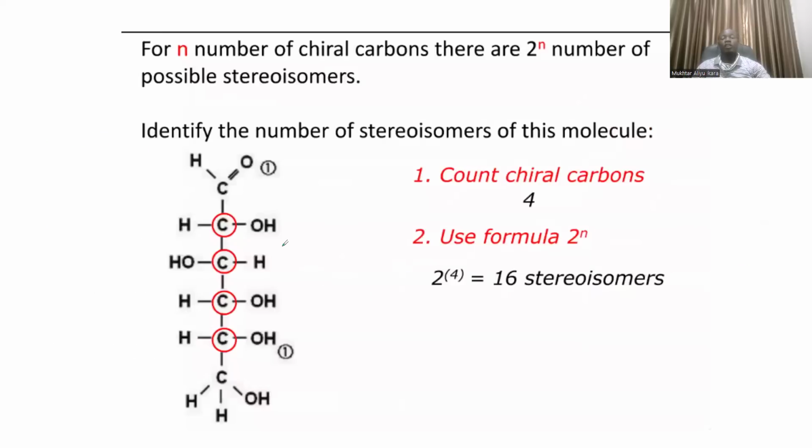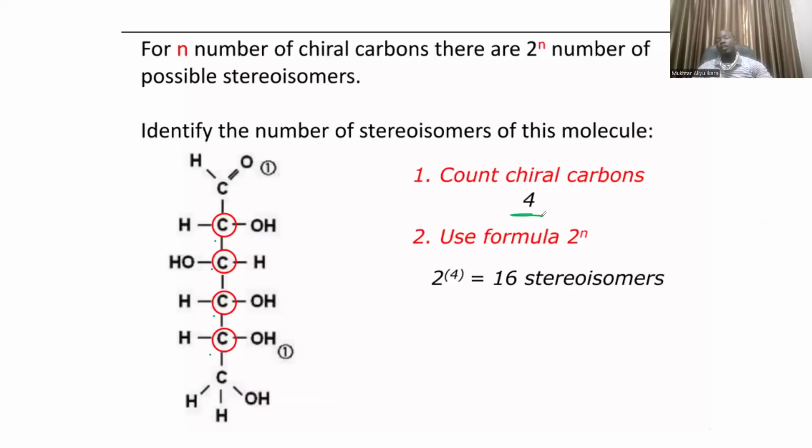Now let's look at an example of a carbohydrate with multiple chiral centers. You see, we have 1, 2, 3, 4, so the number of chiral carbons in glucose is 4.